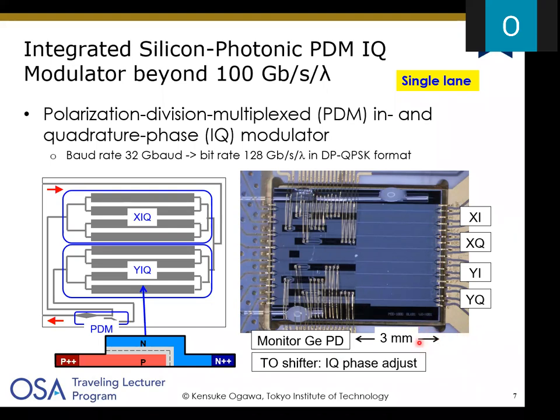In this chip, the length is 3 millimeters. The phase shifter in the Mach-Zehnder interferometer has a length of 3 millimeters. Each phase component and the X and Y polarizations are integrated on chip with a polarization division multiplexing waveguide. I will briefly introduce this sort of waveguide in a later slide.